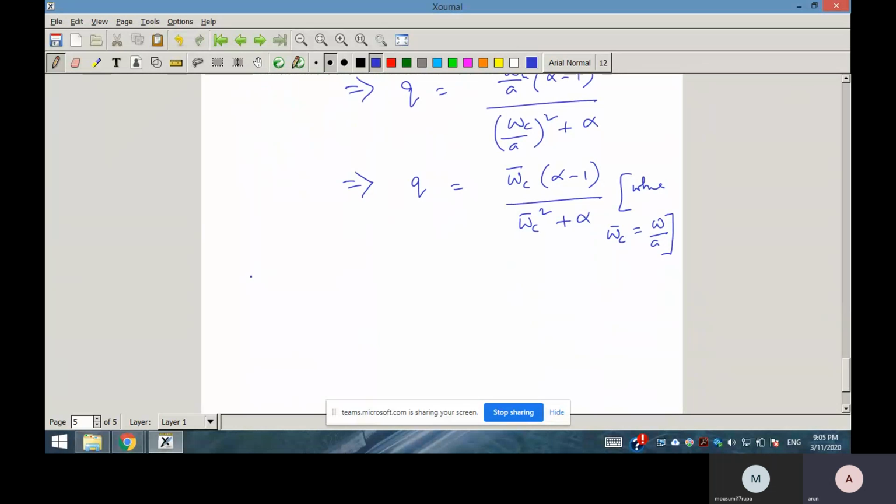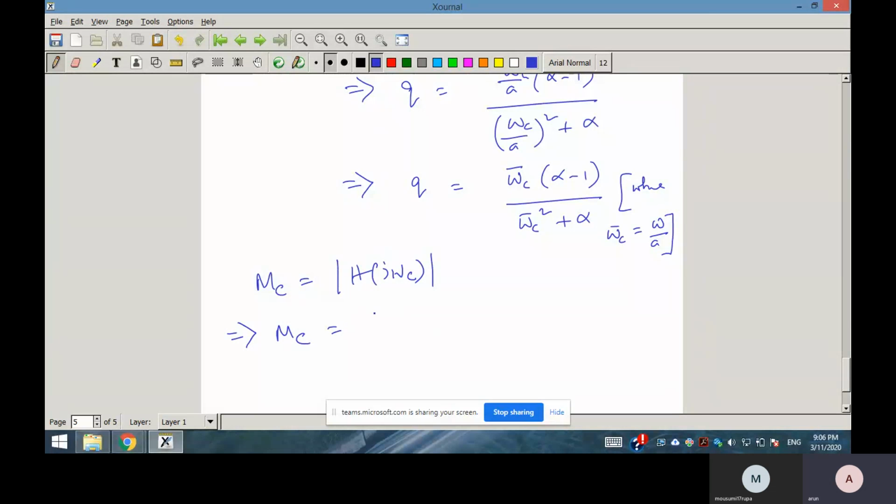Also, let us see what Mc is now. Mc will be at omega equal to omega c. We get Mc equal to the mod of G(j omega c). What is mod G(j omega c)?